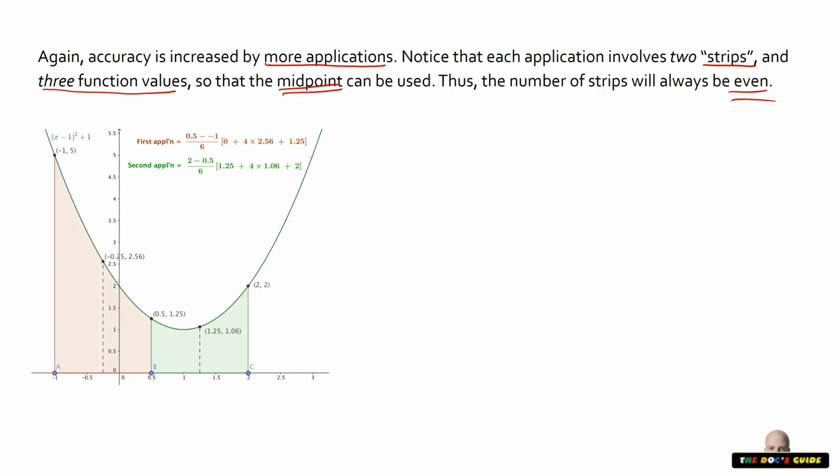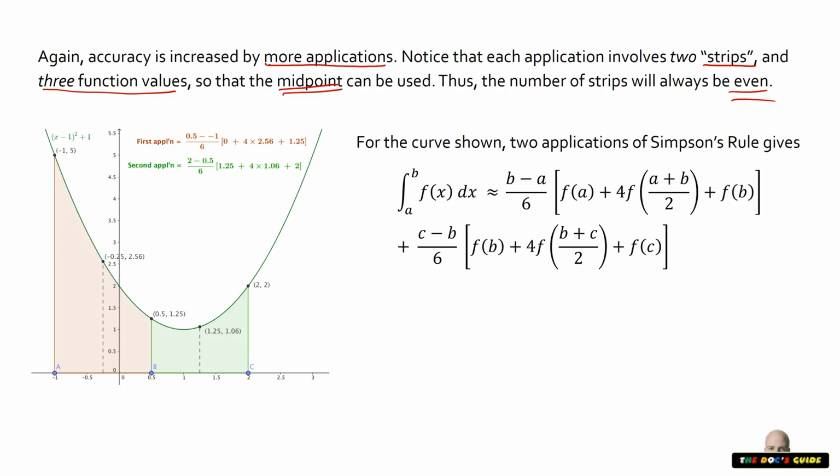Now, let's have a look at GeoGebra to see what happens when we increase the number of strips. Because as we can see just here, 2 applications of Simpson's Rule just means that we repeat the formula twice, except the b and the a now become this, and then for our second application it's this and this.